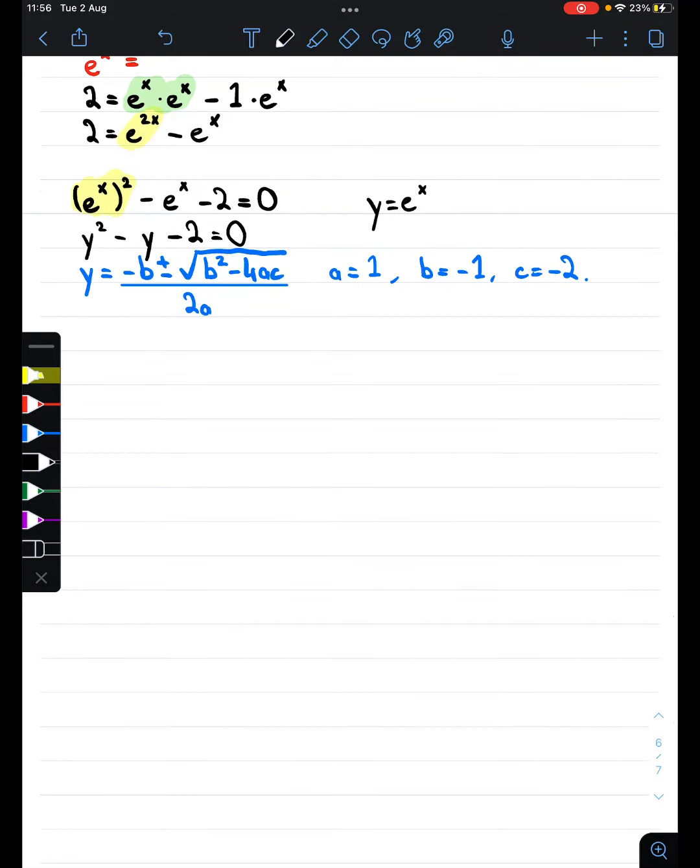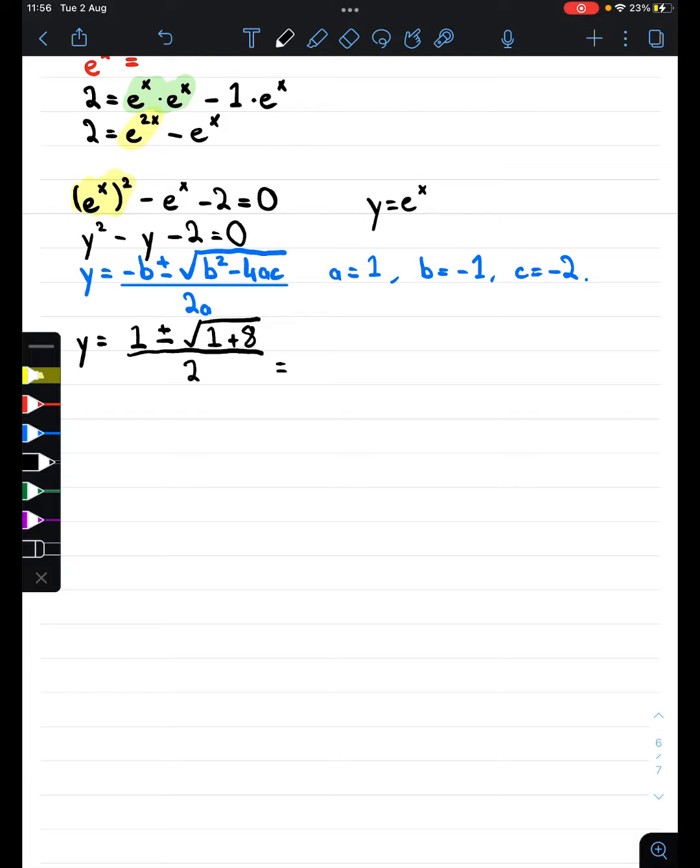And so now if we just put that into a calculator, y equals 1 plus minus the square root of 1 squared minus 4 by 1 by minus 2, which is just 1 plus 8, all over 2 by 1, 2.